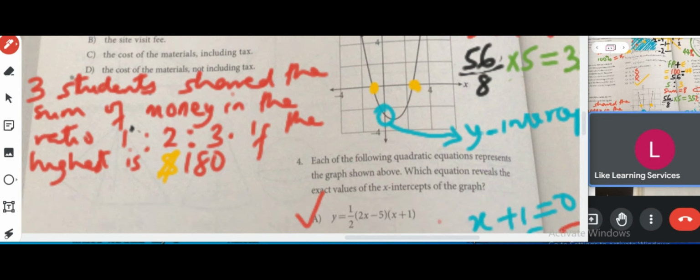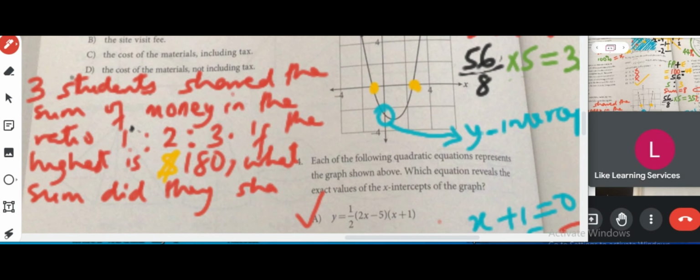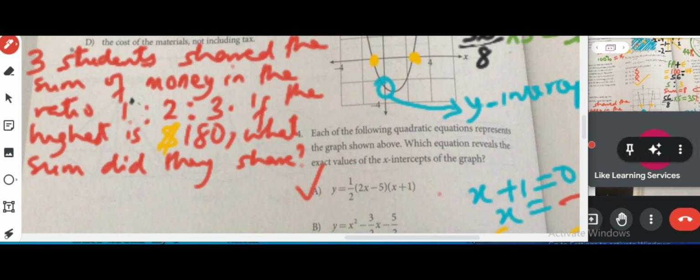What's the sum they shared? What sum did they share? Your students shared a sum of money in the ratio 1 to 2 to 3. If the highest is 180, what sum did they share?